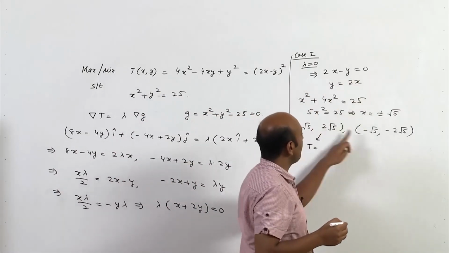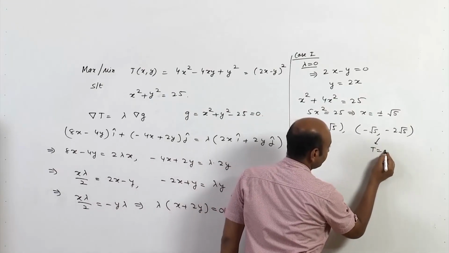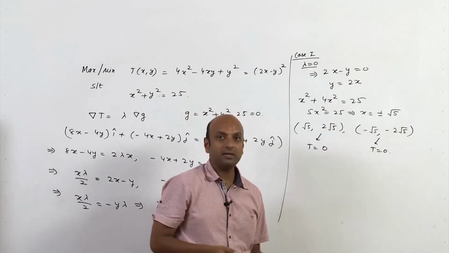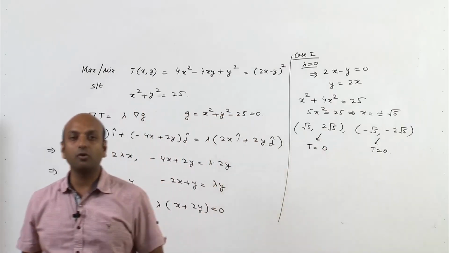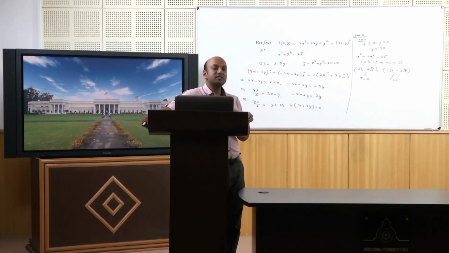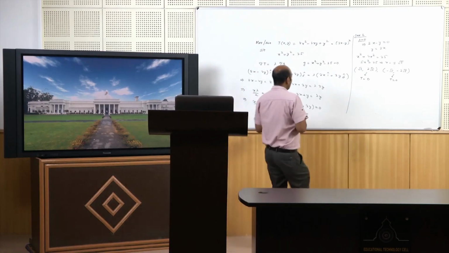So, at both these points T will be 0. This means these points give the minimum value of the temperature, or the temperature is lowest at these points. Okay.